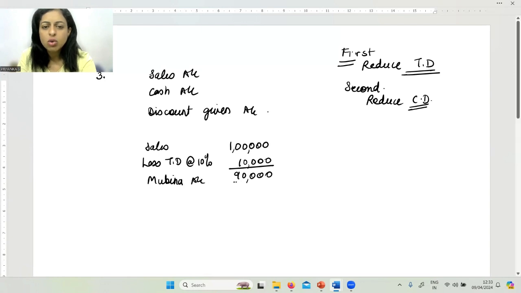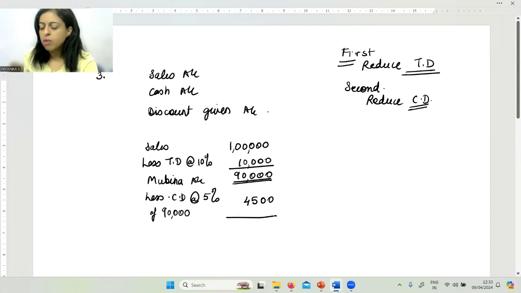So in Mubina's account, you have to recover 90,000. However, I'm getting this money immediately. So I'm giving them cash discount. How much is the cash discount? Cash discount given is 5% of 90,000. So that comes to 4,500.